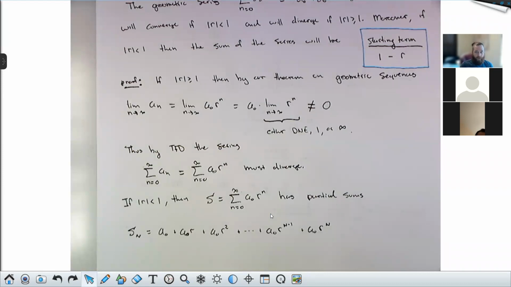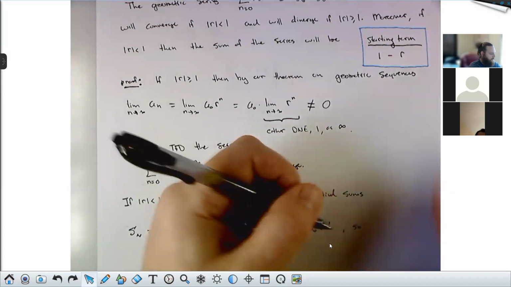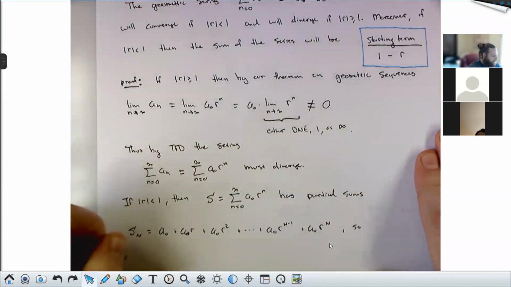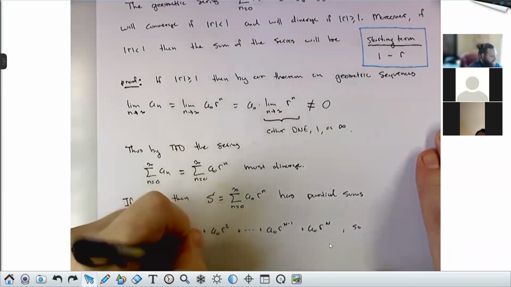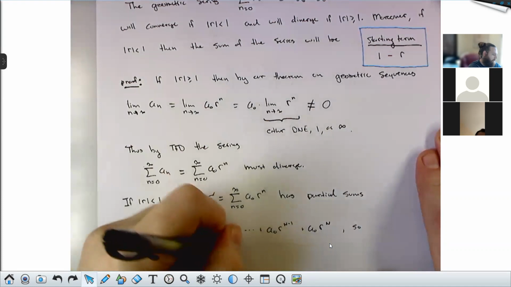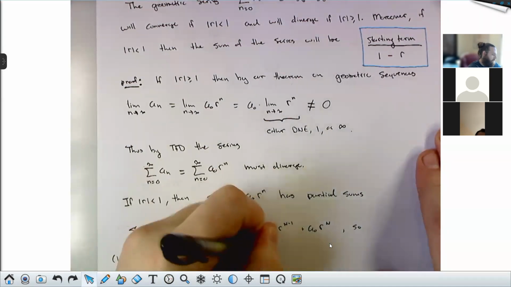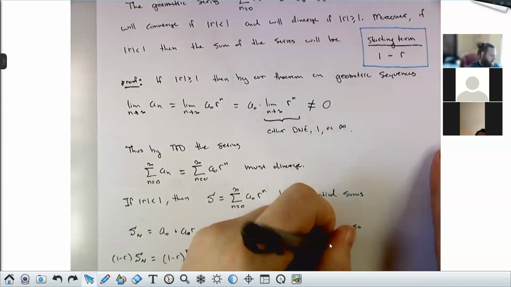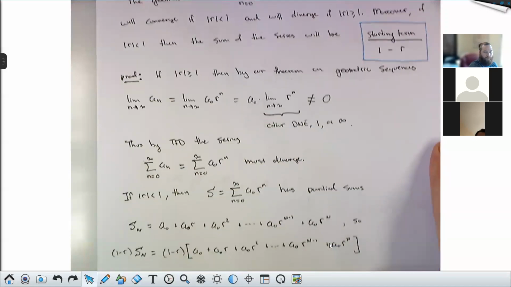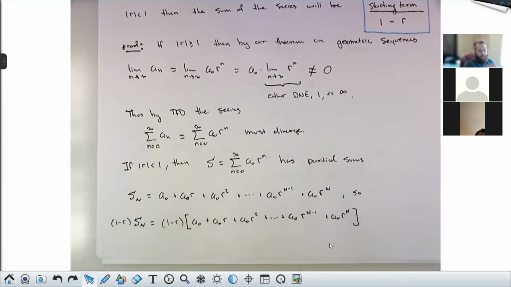What I'm going to do here is a clever algebra trick to get a nice formula for this partial sum. And that clever algebra trick is to multiply on both sides by 1 minus r. I know it seems like it's coming out of nowhere, but it's a trick, right?